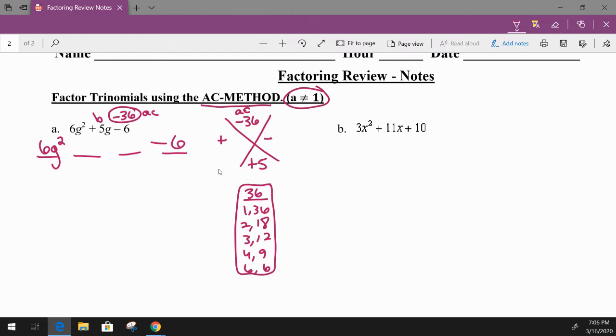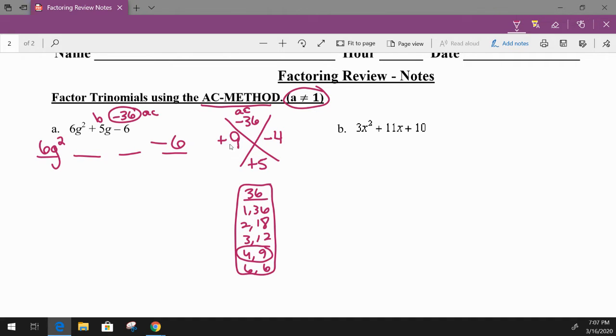So as I'm looking at these factors of 36, I realize, oh, 4 and 9, they have a difference of 5. And in order to multiply them together to equal a negative, your signs must be different. But I want them to add up to a +5. So that tells me the larger number must be 9. And the smaller number, which is 4, is going to have to be negative.